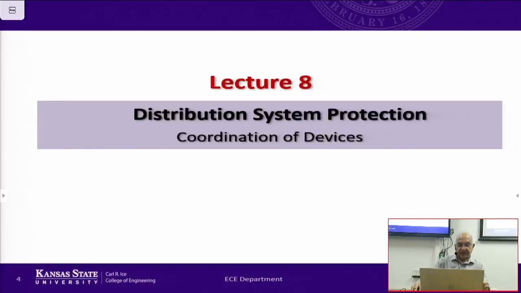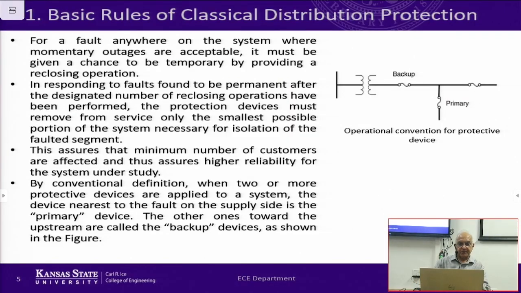So as far as the coordination of devices is concerned, there are some basic rules for coordination, which is that anytime you have a fault in the system, the device that is closest to the fault should be the one that operates. Except that temporary faults are taken care of by reclosing operation.